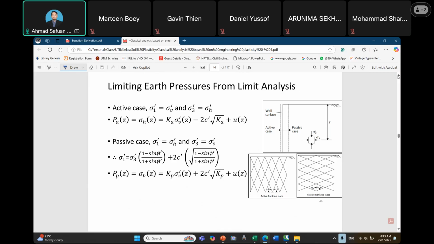So for c and phi, this is the equation that we will use to determine the active and passive.